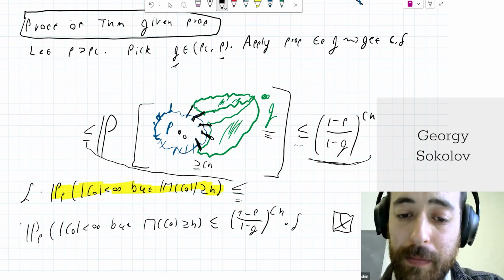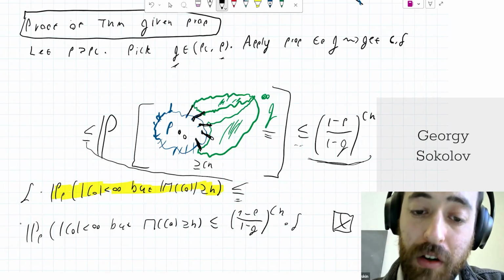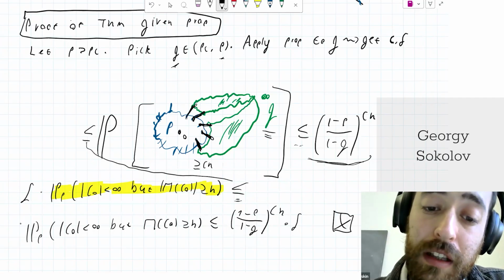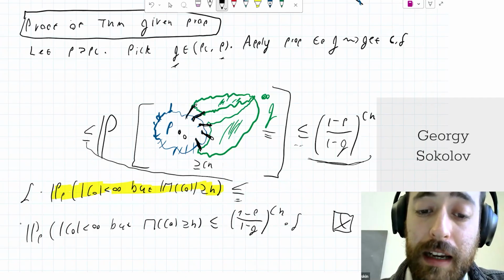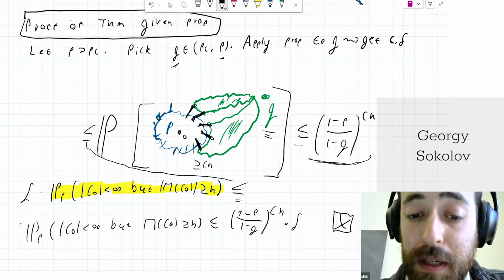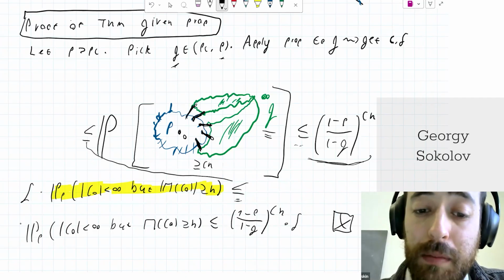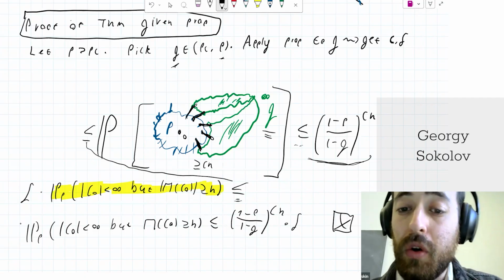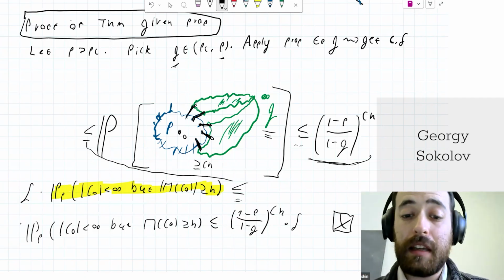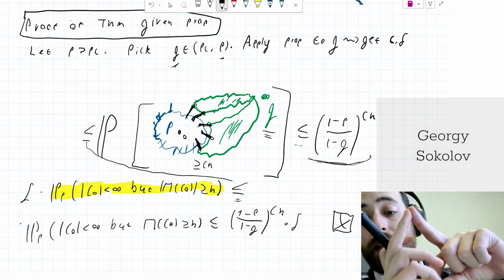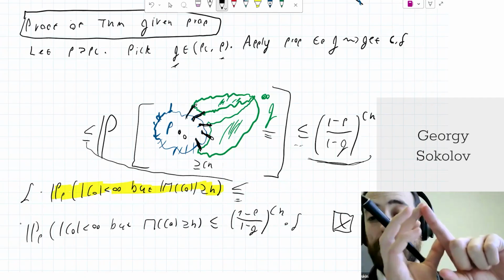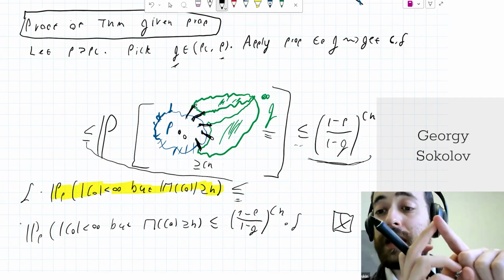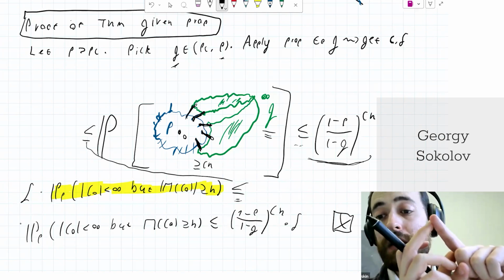Do you agree with me? Yes. Okay, but now if I want the cluster of the origin in p to have exactly this shape, these edges must remain closed in p. So you can imagine that I only reveal them in q, and now I can sprinkle a little bit more probability to see whether they're still closed under p.